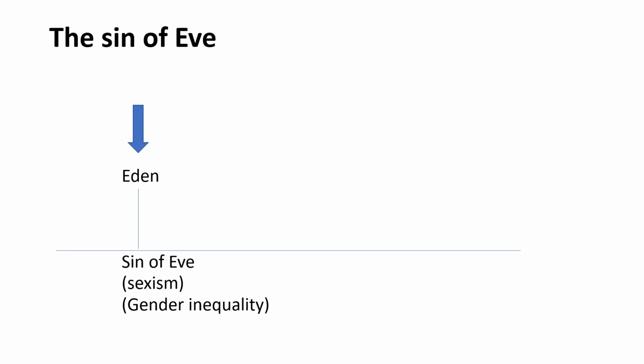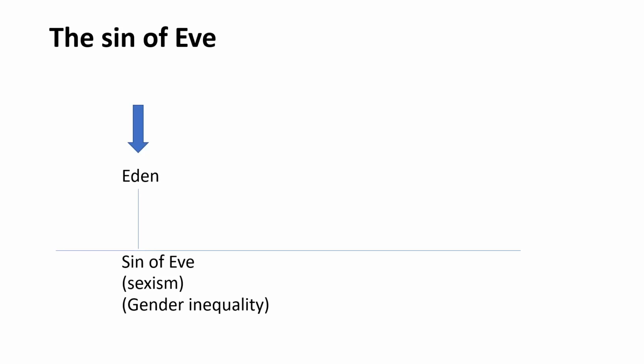And they were given a number of things that would restrict their freedom as humanity in the Garden of Eden. But of all these, there is this main thing that was given, and this defines the condition of the world as it is now, which is called the sin of Eve.